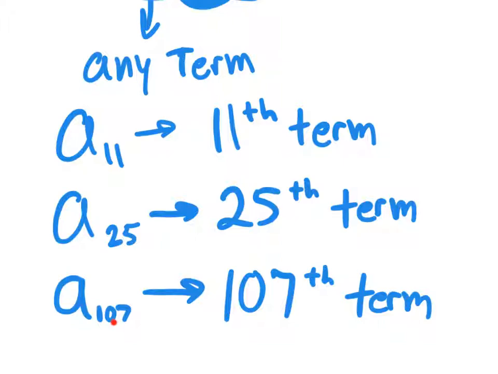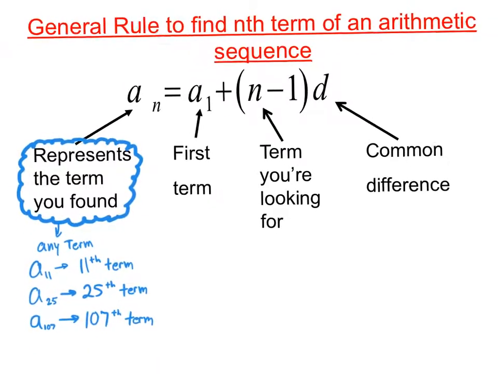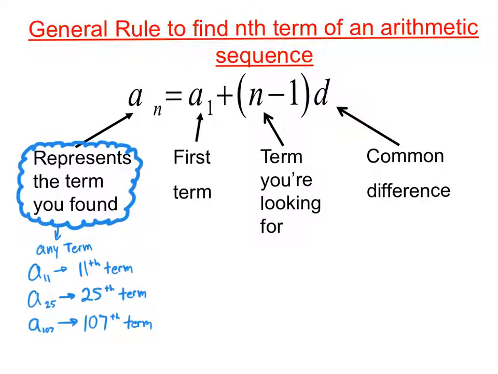A sub 107, that's the 107th term on your list. Okay, so A sub n is just any number you want. And what we're doing here is memorizing a formula that'll specifically help us find the number that we want. If you want the 15th number, you could use this formula to find it. First, copy it, try to memorize it, and then we'll see the application of it in a couple of seconds.